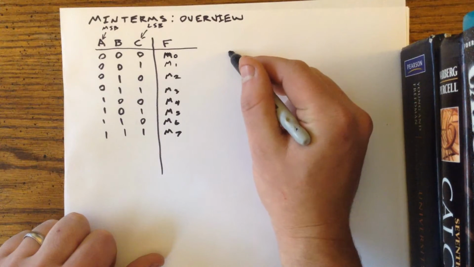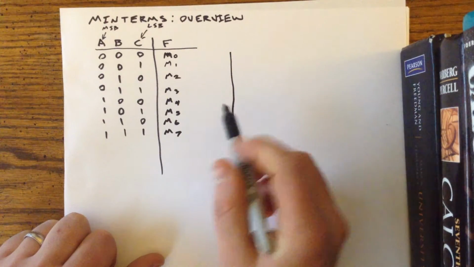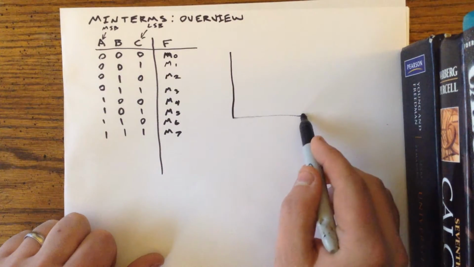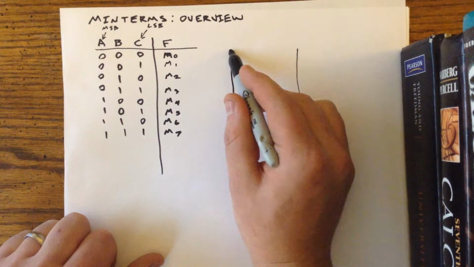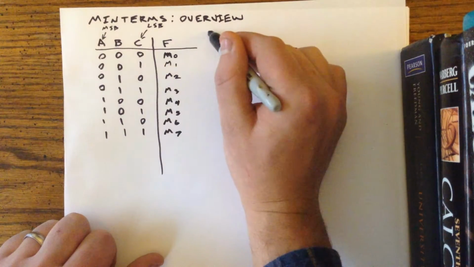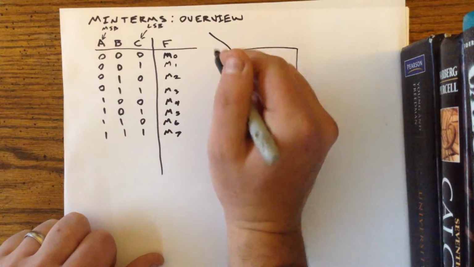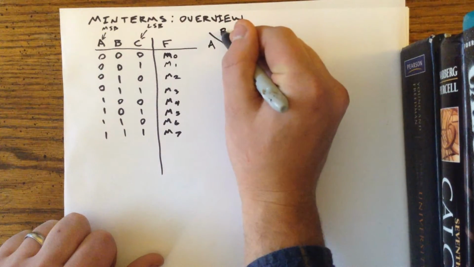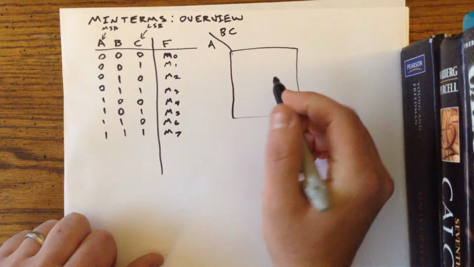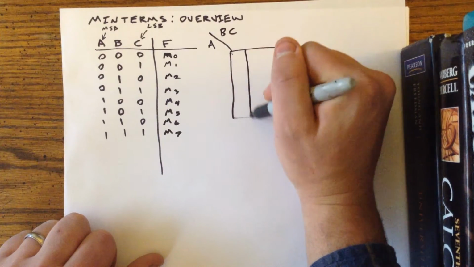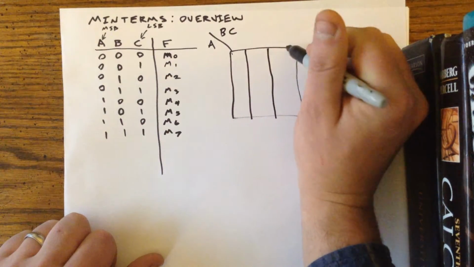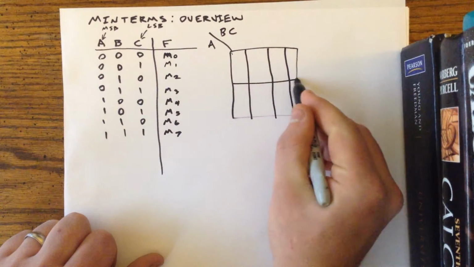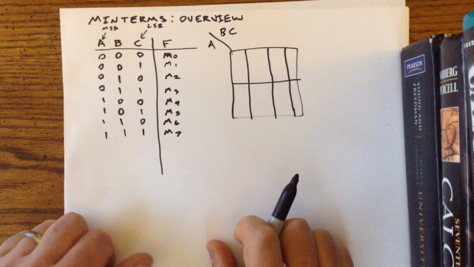So a K-map, whereas this is a table representation of our truth value, a K-map is just a graphical representation of our truth value. So let's go ahead and I'll call this one A down here and then B, C up here. I'll set the K-map up like that.